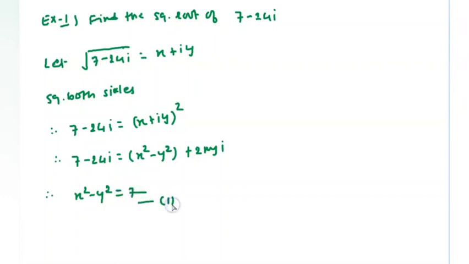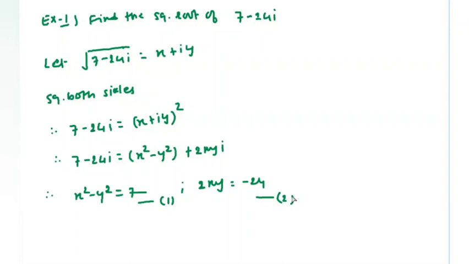This is number 1. And 2xy is equal to minus 24. This is number 2. Notice that here the product xy is negative because the value of b is minus 24. If you are using the formula, put the values in the second formula, case 2, when the imaginary part of z is less than 0.